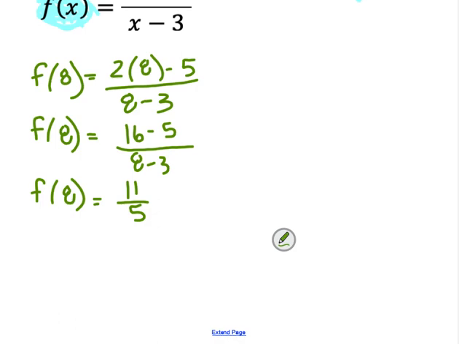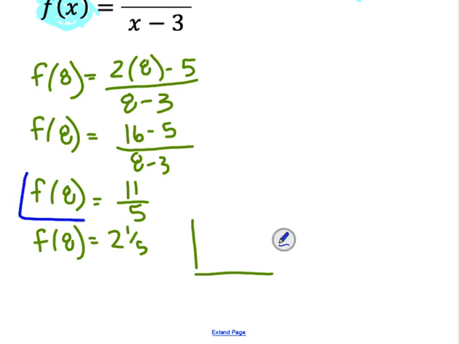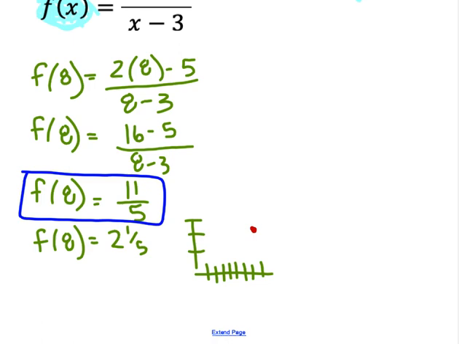That's a little bit hard for me to visualize. Maybe it would help if I changed it to a mixed number. You wouldn't have to do that. To be honest, in Honors Algebra 2, to keep it as an improper fraction would be considered the best. But just for the sake of visualizing it, this is saying when x is 8, y or f of x is up at 2.5, okay?